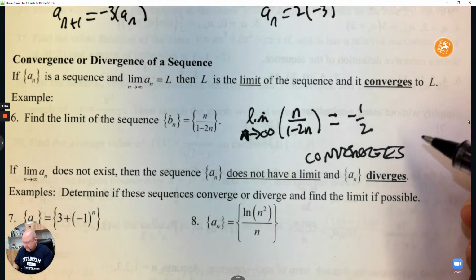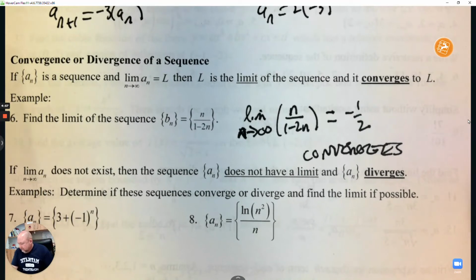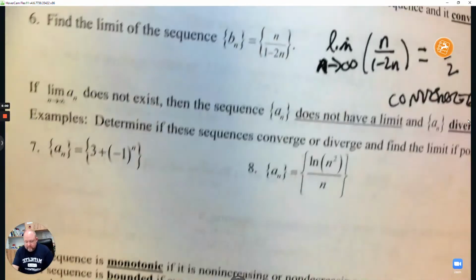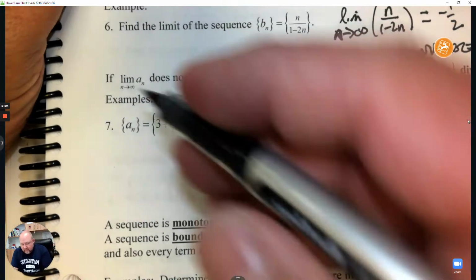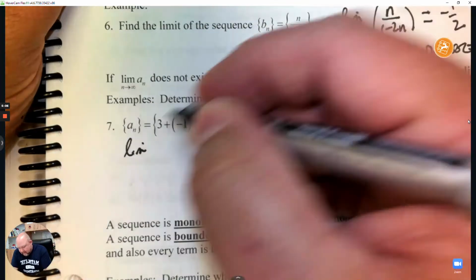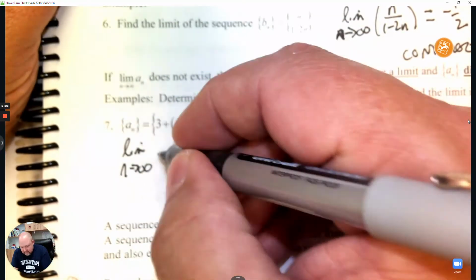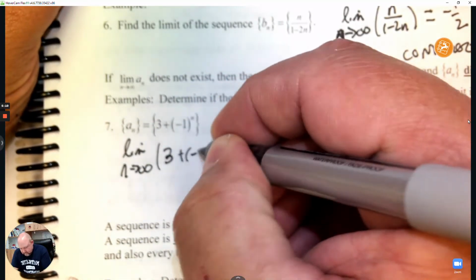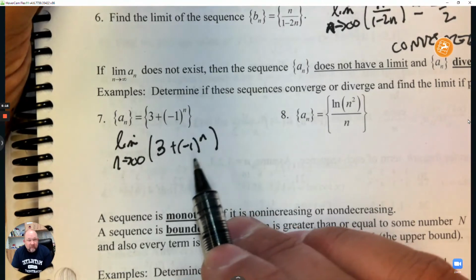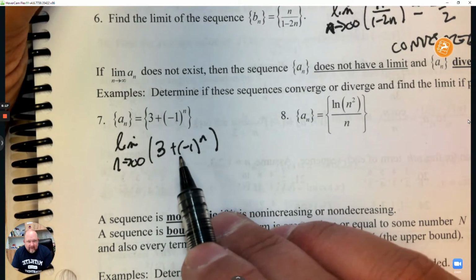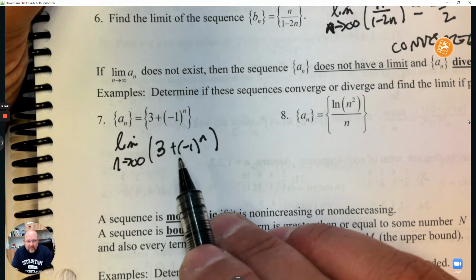Number 7. Does this limit exist? If I wrote it as a limit as n approaches infinity, does this converge to an answer? The answer is no, because it's going to alternate.